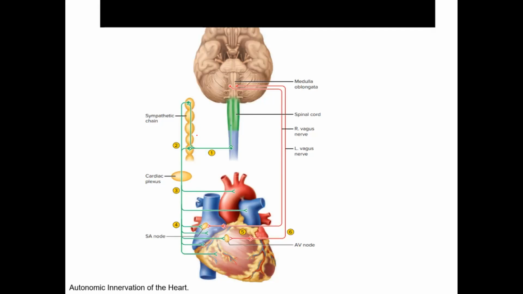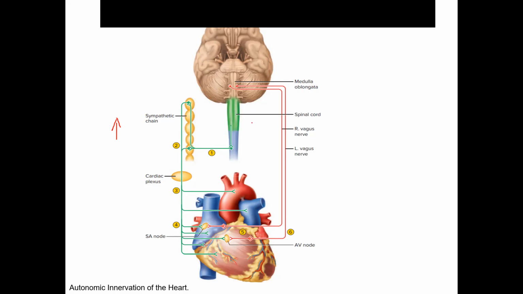After that, in the ganglia, the fibers give signals through the cardiac plexus to the aortic arch, to the sinoatrial node, to the AV node, to tell us to increase our heart beating, because this green is the sympathetic pathway.